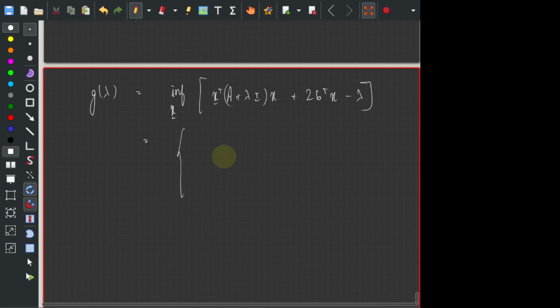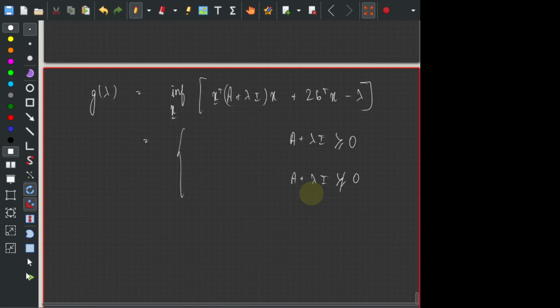Let's split this into two cases. One where A plus lambda I is positive semi-definite, and the other where it is not. What distinguishes between these two cases?